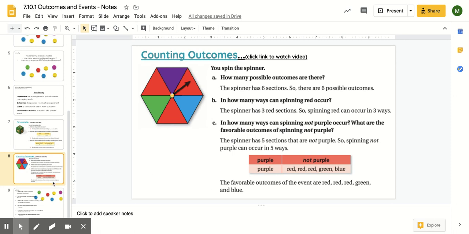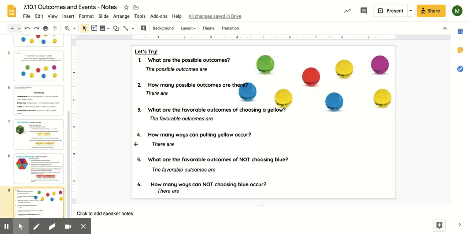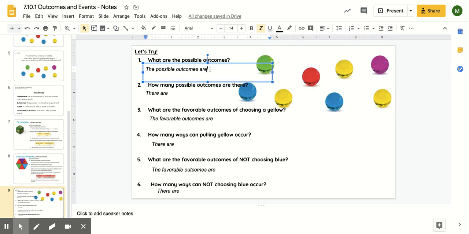All right, so let's give it a try here. It says we've got these marbles here. We're going to spend a lot of time talking about marbles today. We've got this collection of marbles. So the very first thing that we want to know, if we choose a marble at random, what are the possible outcomes? Here you simply list, okay, so what do I have?